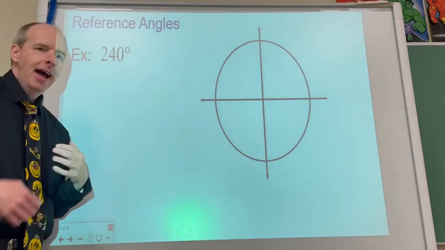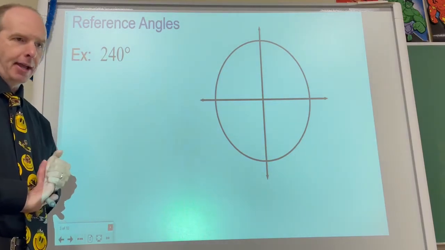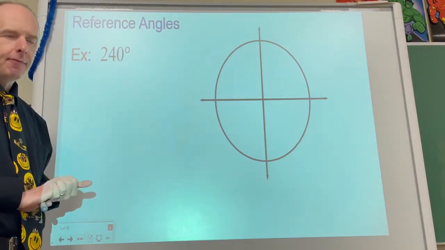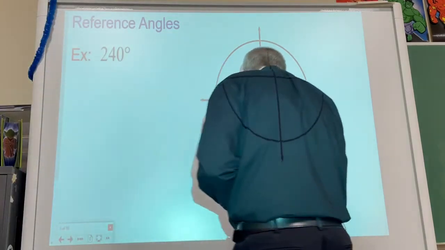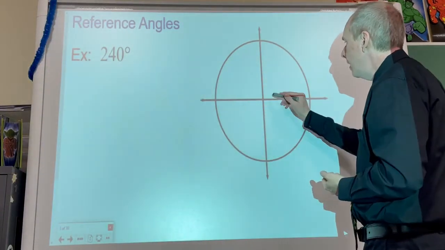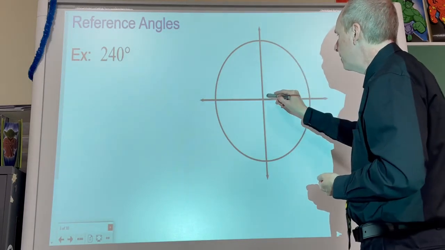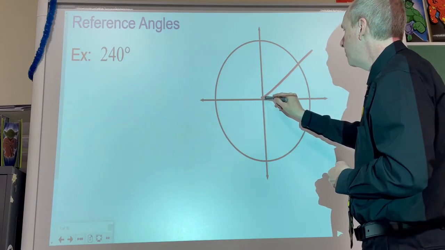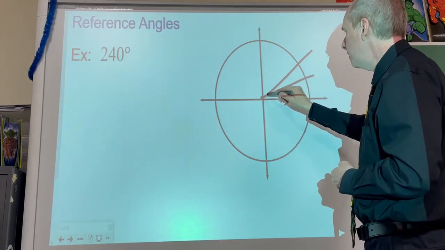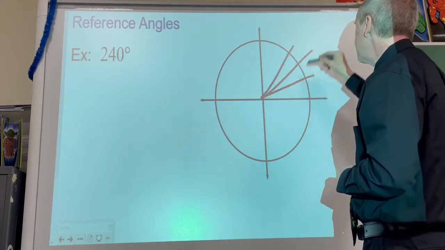So how does that help us with other angles? Well, we have reference angles. And by now, we have seen enough to know that halfway between 0 and 90 is 45. A little bit below that would be 30 degrees. A little bit above it would be 60 degrees.